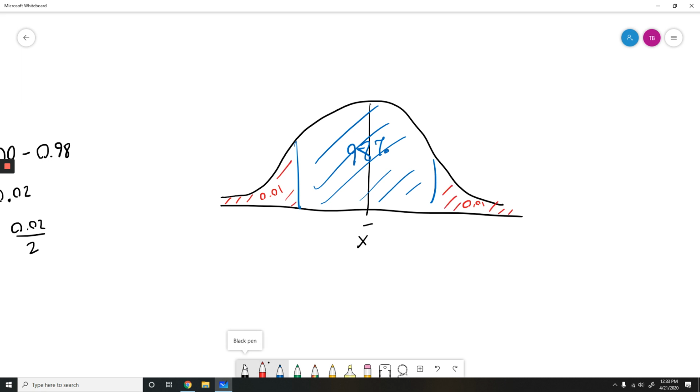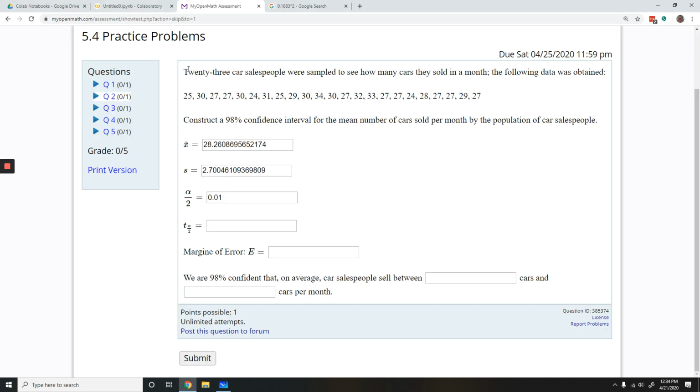Okay, now this is a t distribution, and we want T alpha over 2 so that the area left under the curve above T alpha over 2 is 0.01. Okay, so in this case, T alpha over 2 is T sub 0.01. That means the t-score with area to its right of 0.01. So we're going to use our notebook to calculate that.